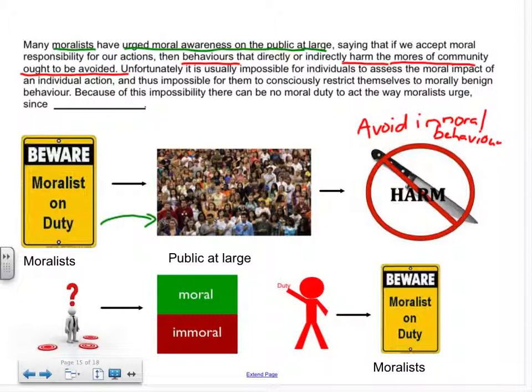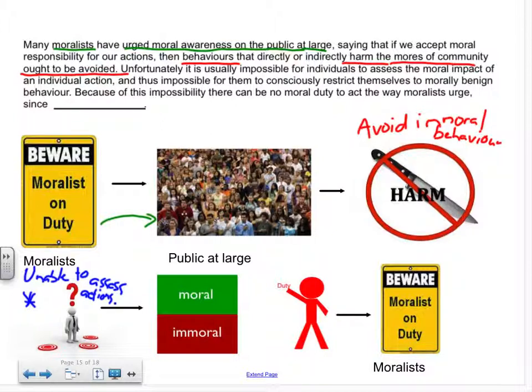So that's represented by this picture down here. All right, unable to assess actions.